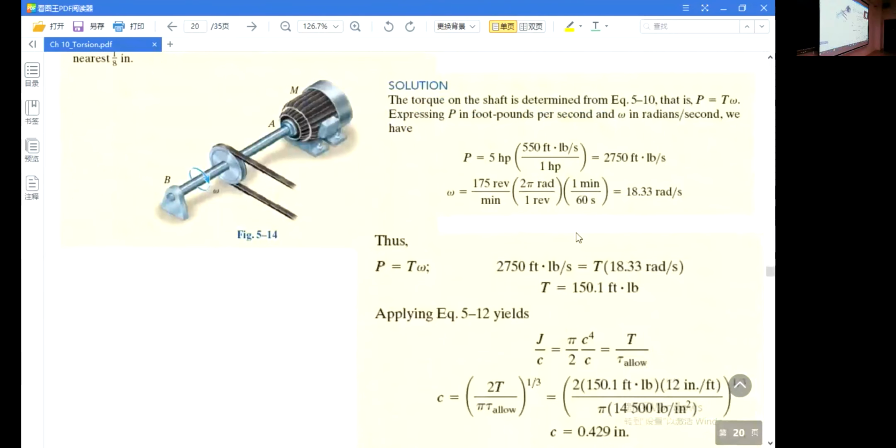So we can find T is 150.1 foot-pound. It means the motor exerts a moment, a torque on the shaft. The torque is 150.1 foot-pound.